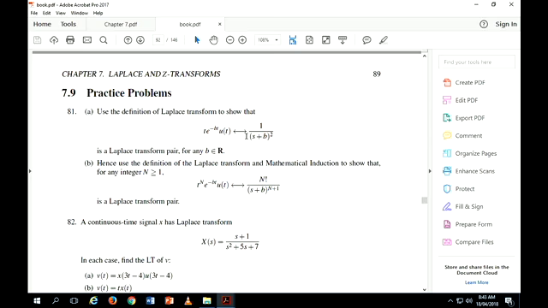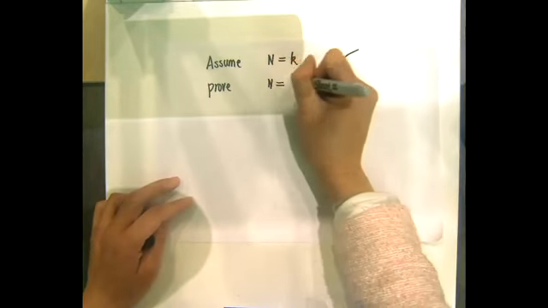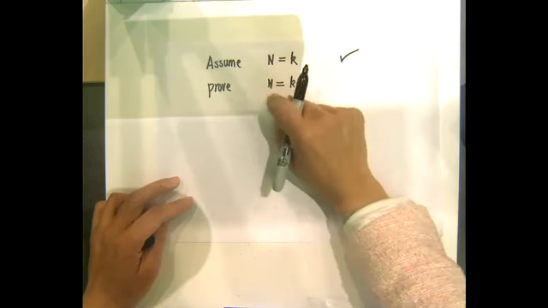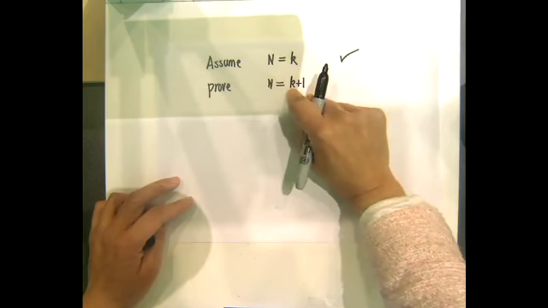And I have to prove that when capital N equals K plus 1, the same relationship holds. Okay? So step 1 is already finished from the earlier part. So we just show that.